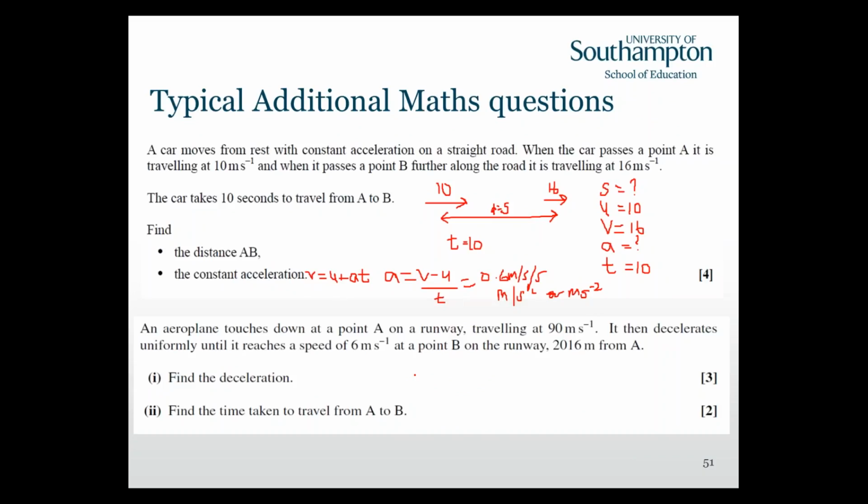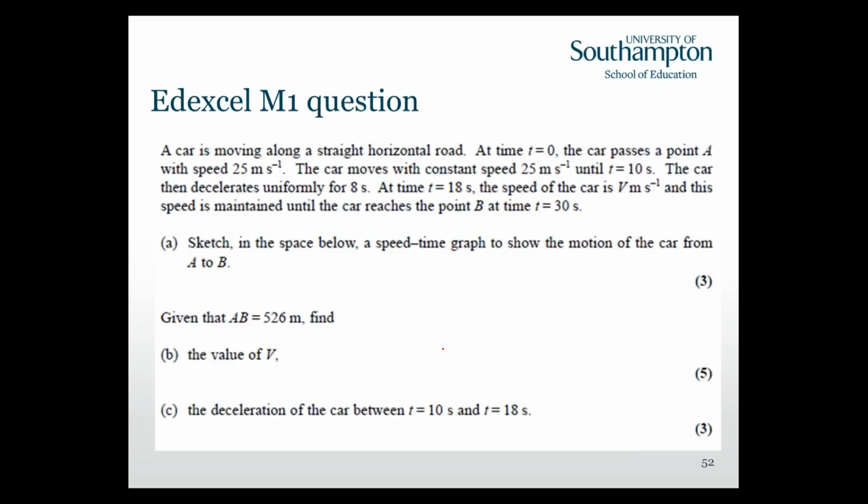So these two are two add maths questions. This is an M1 question, and it's really very similar. It's got car passing. It's all about cars and vans, things that move.